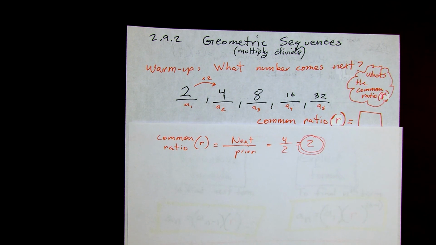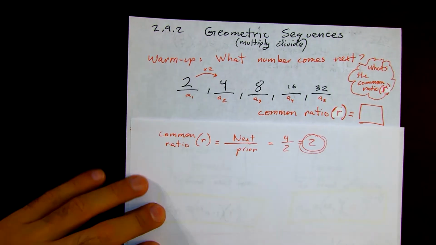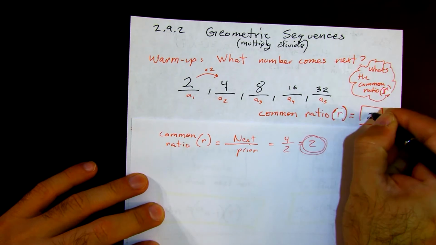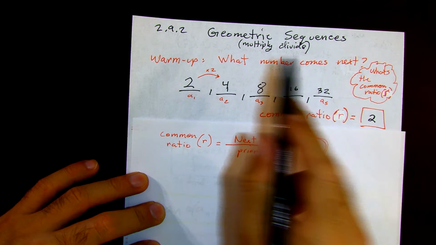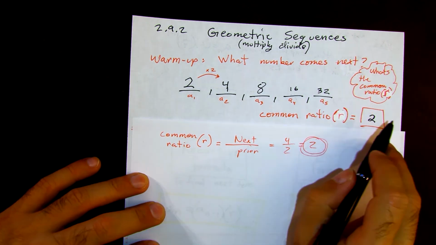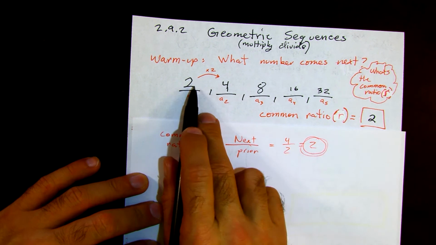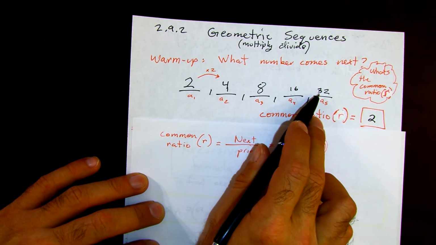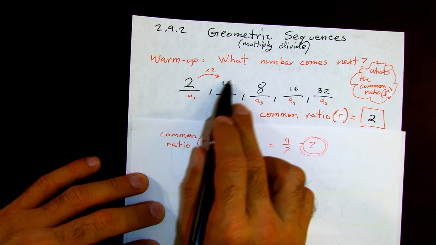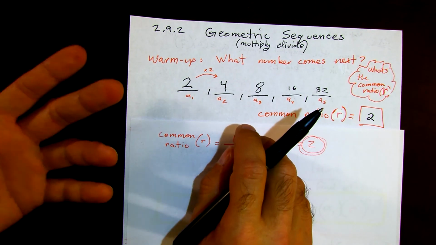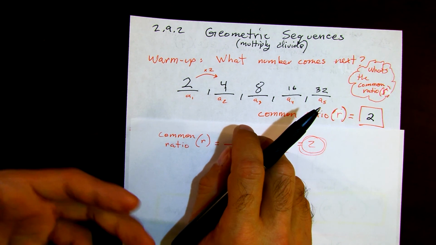So what did we find our common ratio to be? It is 2. You don't even have to say times 2. It's implied that it's a geometric sequence, so you're multiplying by 2. If the numbers are getting smaller, and it started at 32 and then went 16, 8, 4, 2, my common ratio would be 1/2 because I'm multiplying by 1/2 to go backwards.